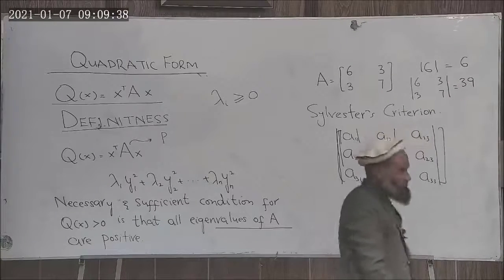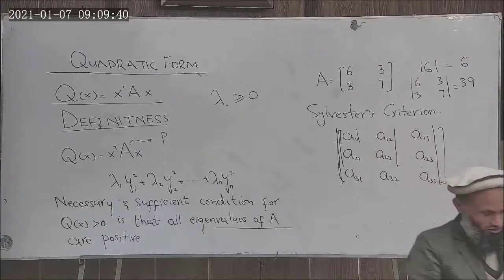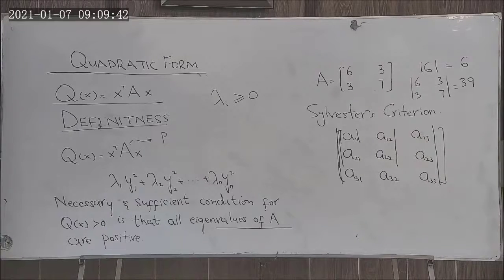So all principal determinants are positive, therefore this matrix is positive definite. So instead of computing the eigenvalues, you can determine the principal determinants. If all principal determinants are positive, then the matrix will be positive definite.